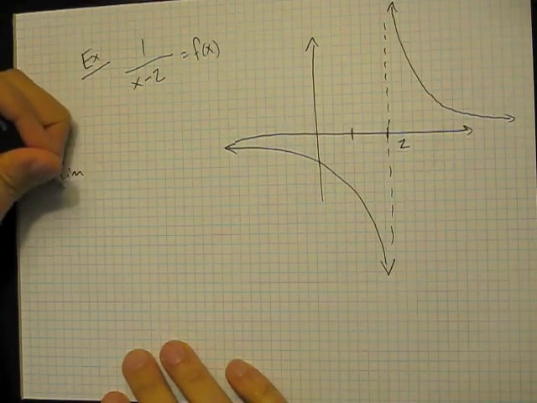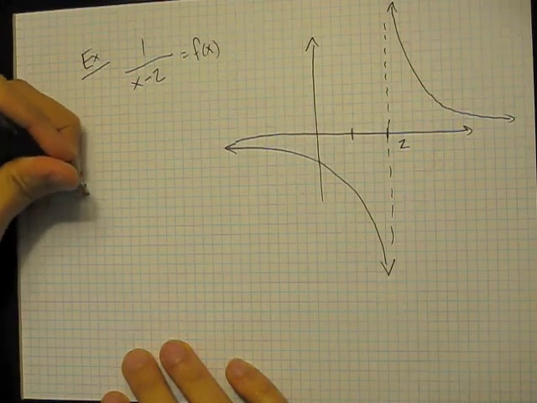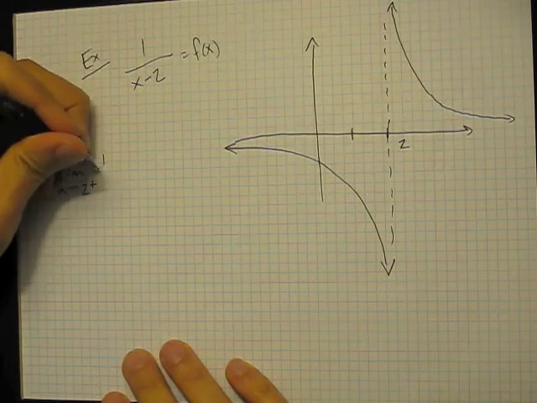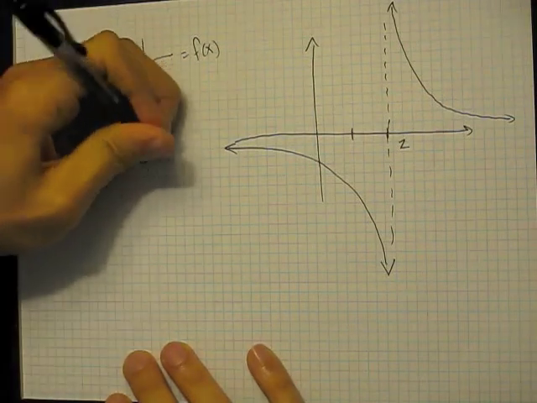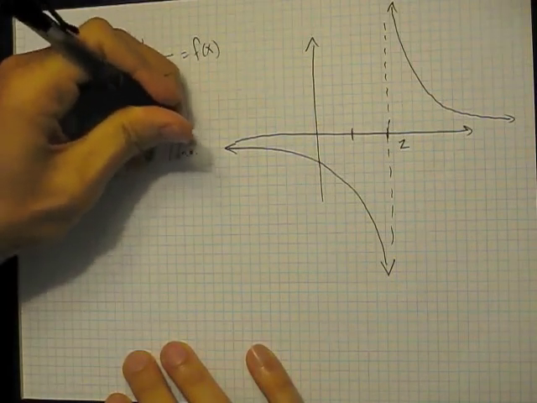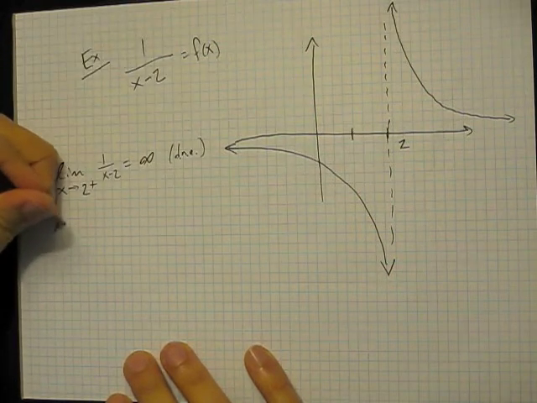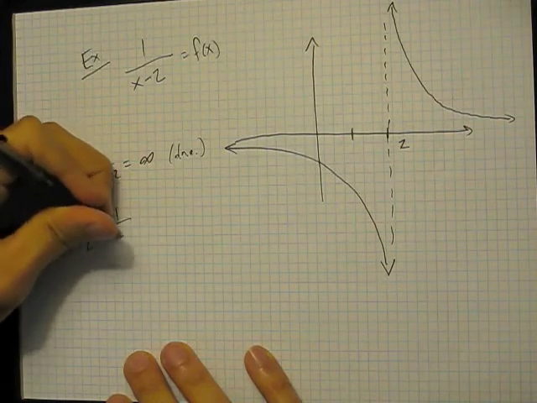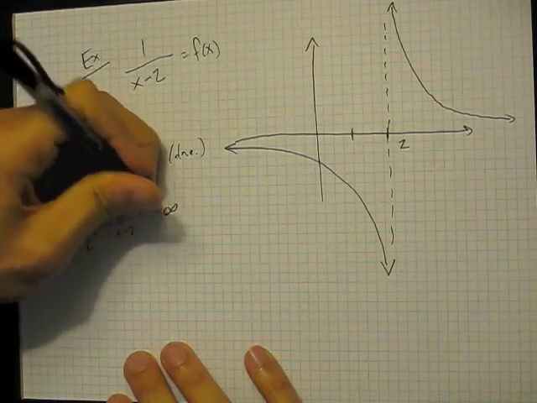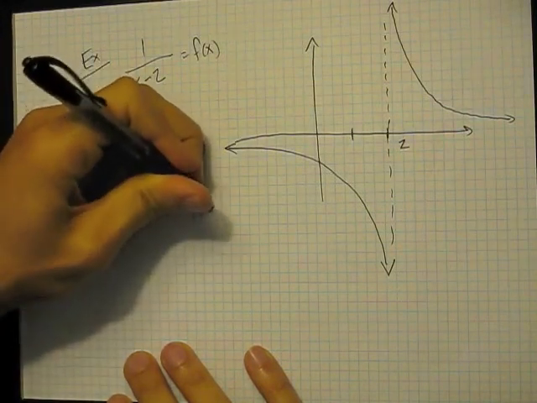The limit as x goes to 2 from the right-hand side of 1 over x minus 2 is equal to plus infinity. We could also say it does not exist. And the limit as x approaches 2 from the left-hand side is equal to minus infinity. Also does not exist.